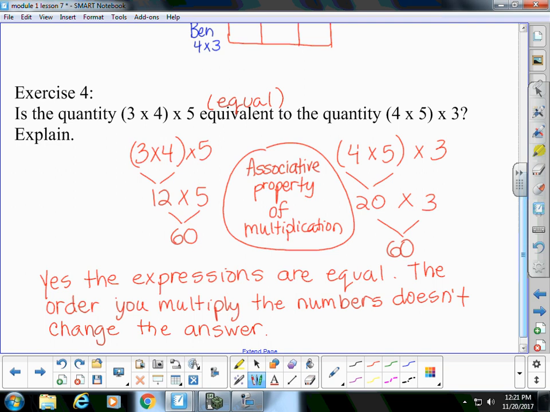Okay, so now I'm going to show you how we're going to actually use these properties today in our work, which is kind of how you're introduced to geometry next year. It's called proofs. And we're going to be stating which property is happening.